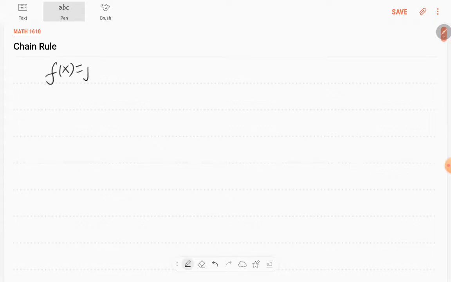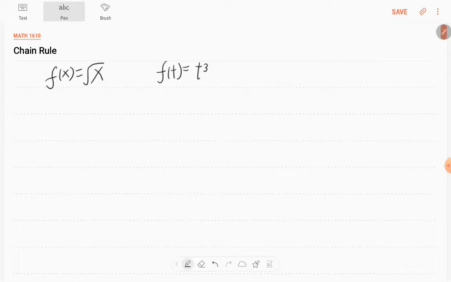We have learned some functions where we can use the basic derivative rules, like the square root of x, right? We also can take the derivative of something like t cubed, and the tangent, or the exponential function with base e.